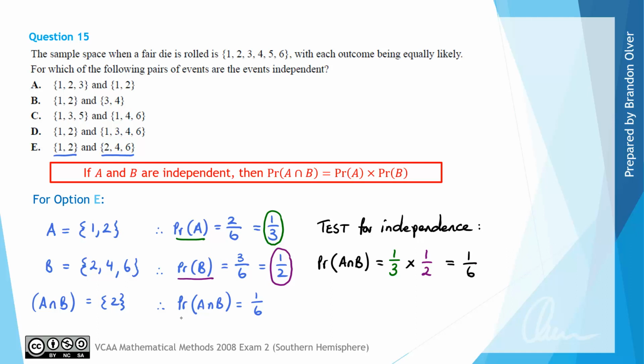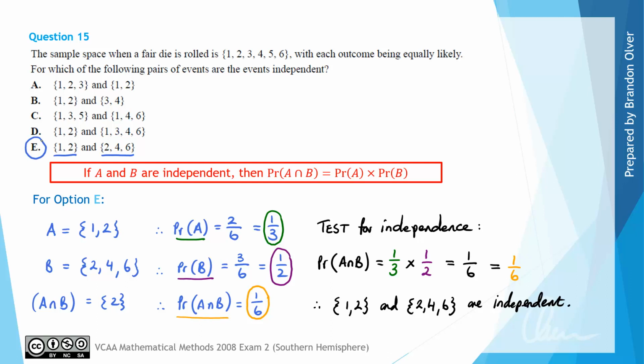And in this case, that does equal the actual intersection of A and B, which is also 1/6. So because that equals the actual intersection's probability, we can conclude, therefore, that the set 1, 2 and the set 2, 4, 6 are independent. So that means that E is the correct answer for this question.